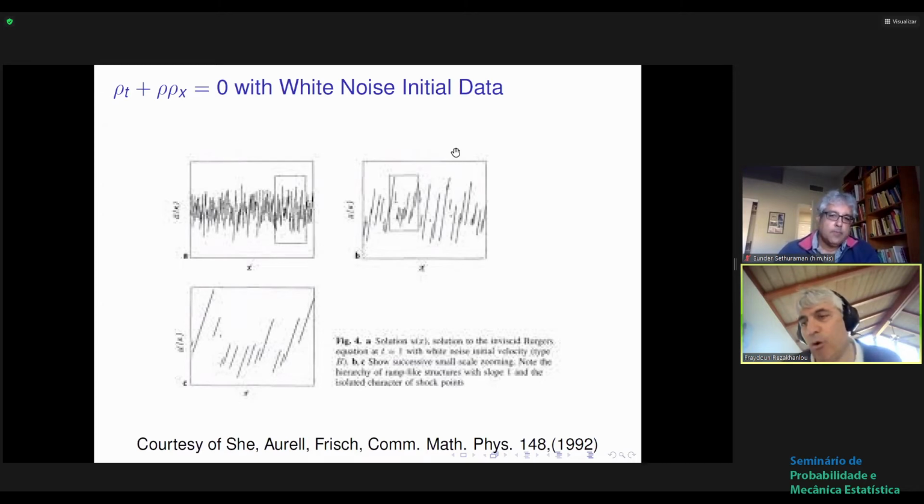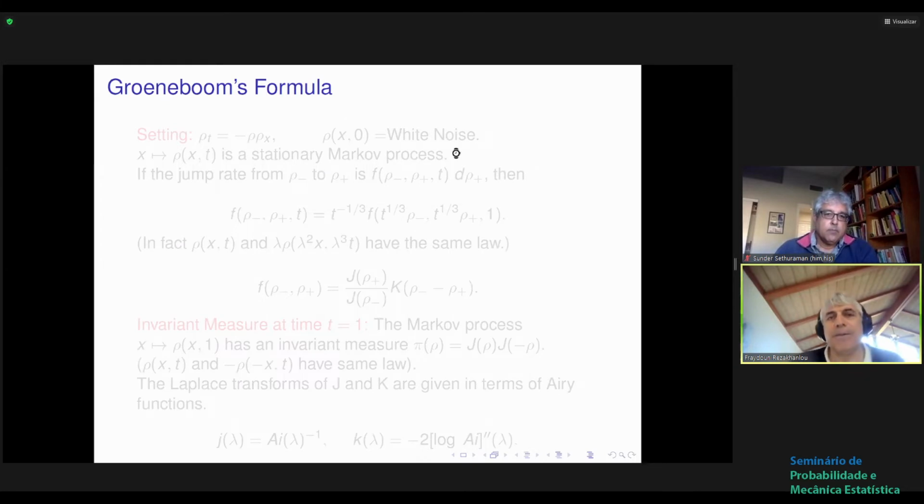And that by the Hopf-Lax formula is equivalent to solving a Hamilton-Jacobi equation with initial condition, which is Brownian motion. And when you differentiate the Hamilton-Jacobi equation, that is equivalent to starting Burgers' equation from white noise. So you see that Groeneboom's work can be formulated as a problem involving Burgers' equation.